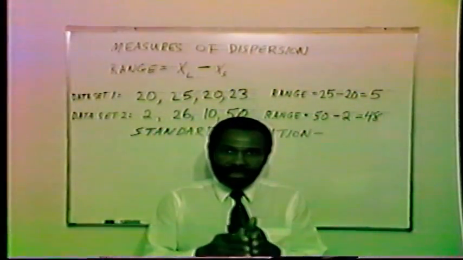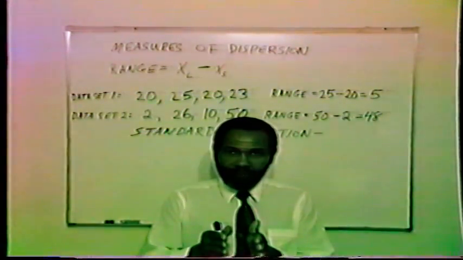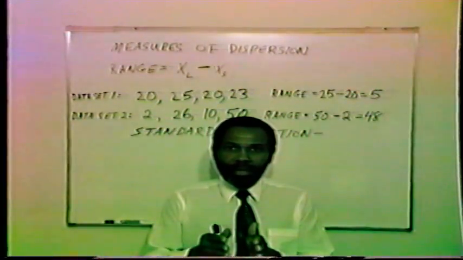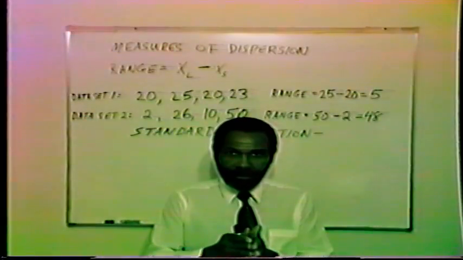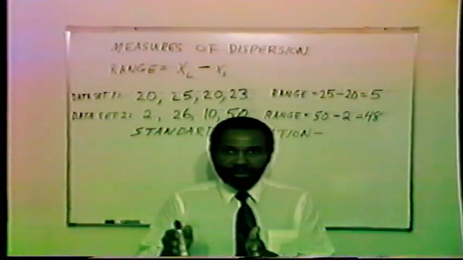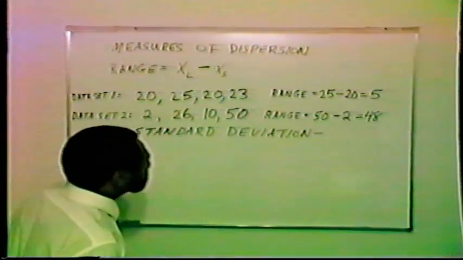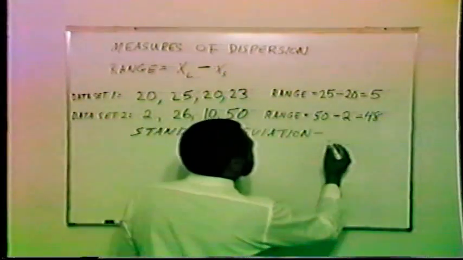So once you find the mean of a data set, the standard deviation gives you the average distance between the mean and each one of the numbers in the data set. So that is a basic, general, intuitive definition of the standard deviation.